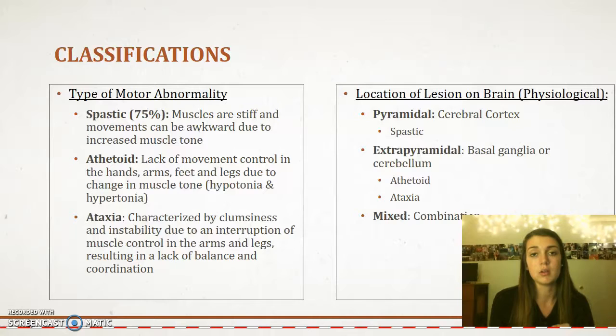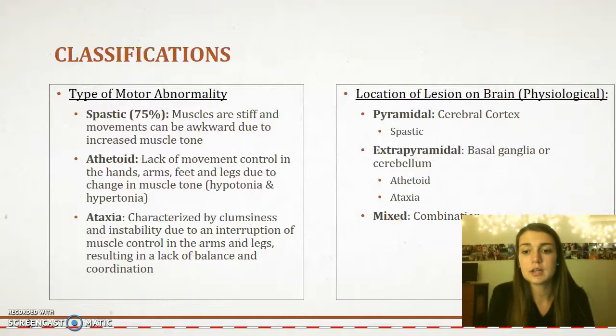So the muscle tone goes from hypo to hypertonia or vice versa, and these changes occur throughout the day, or they can occur every other day. It just depends on that specific case. And then you have ataxia, which is characterized by clumsiness and instability, and this is due to the interruption of muscle control in the arms and legs, which then results in balance and coordination control problems.